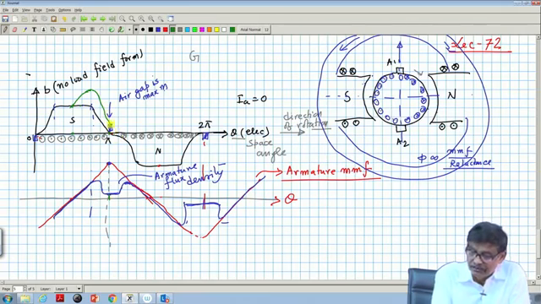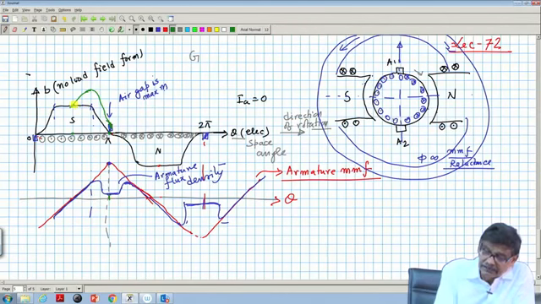Got the point? It will not cross 0 here, it will have some positive value. On this side similarly it will be less, this be minus this like that, and once again it will be like this. Therefore, there will be some field existing here.